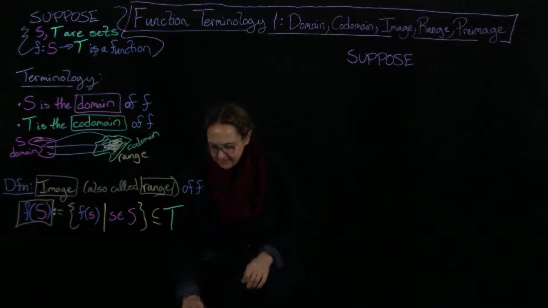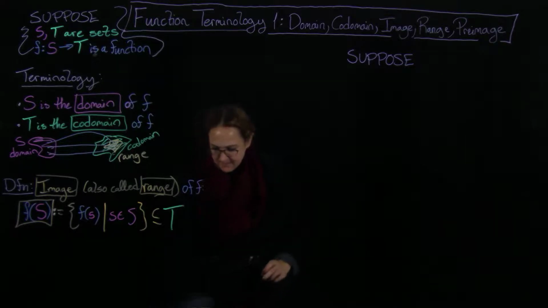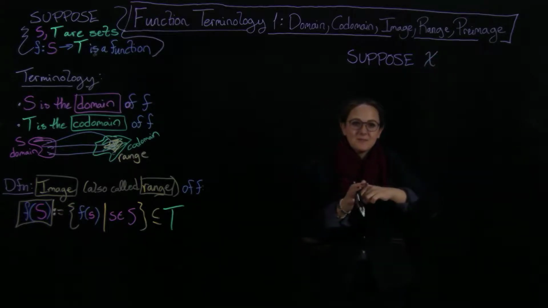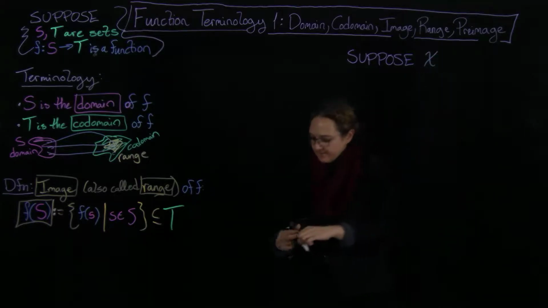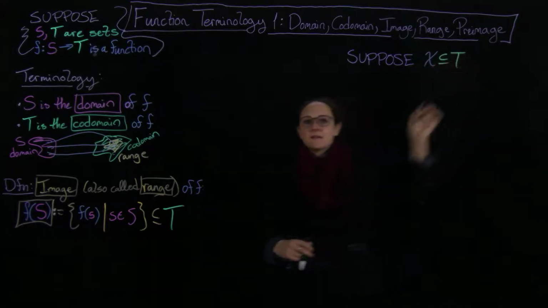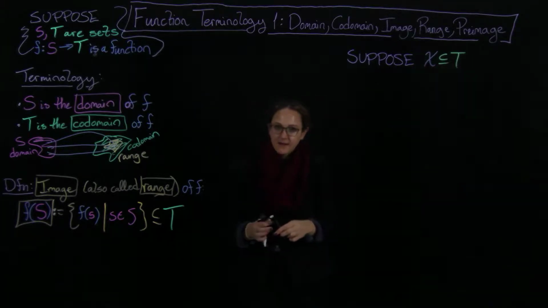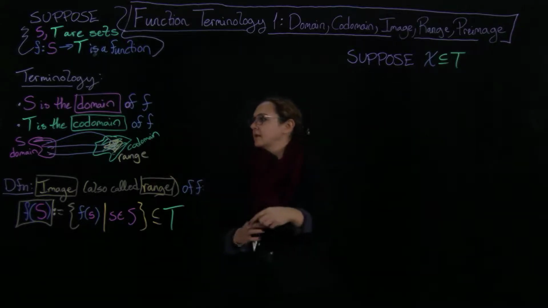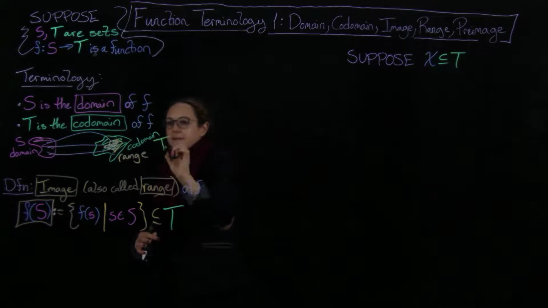And we're going to have this subset. Actually, suppose X is a subset of T. I know I've been using it for a function, but now it's going to be a subset of T. Okay, so X is a set that lives inside of our T, which was our codomain. Right, this is my codomain T.